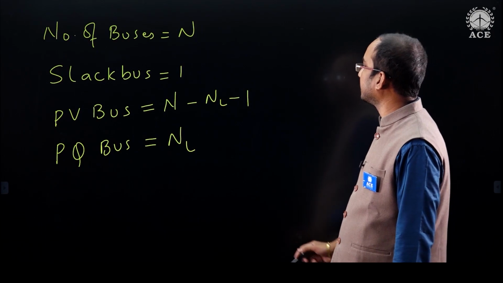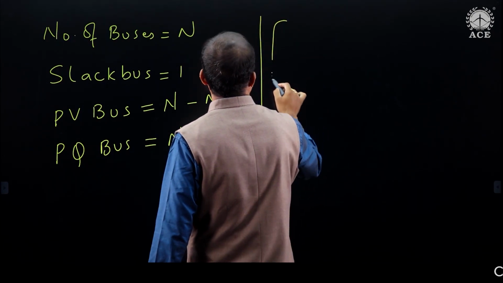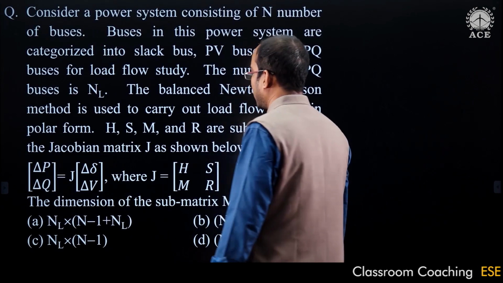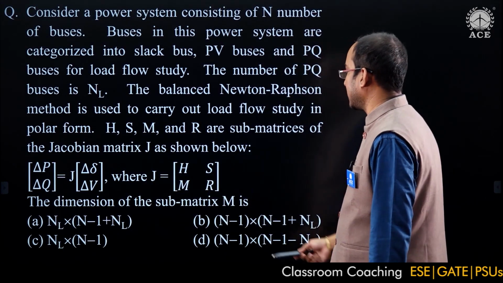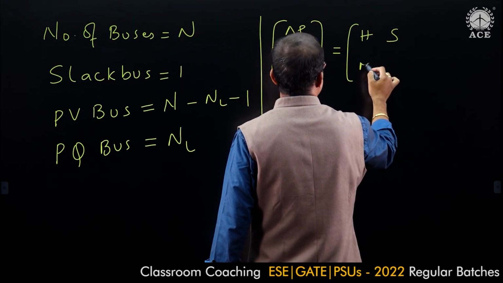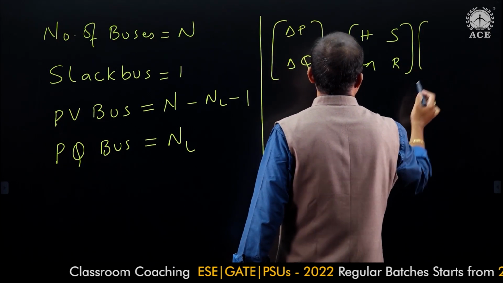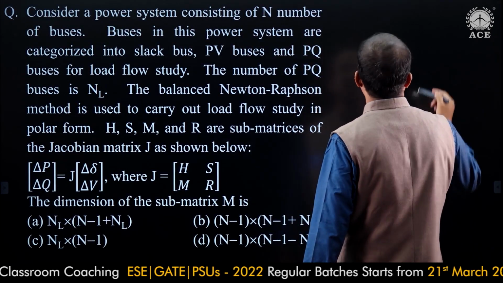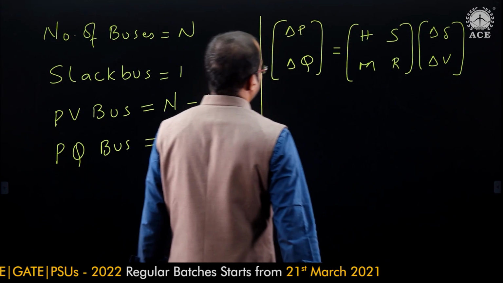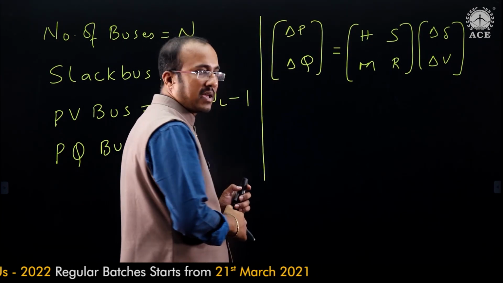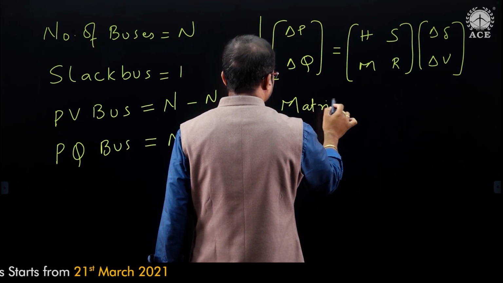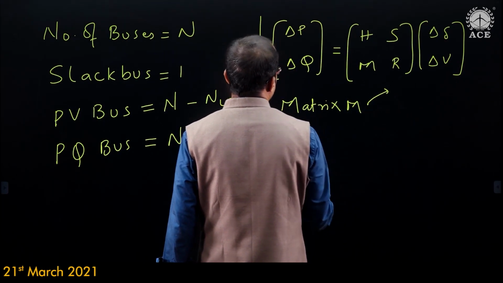So we can write here delta P, delta Q is equal to the Jacobian matrix as H, S, M, R, times delta delta and delta V. He is asking what will be the size of matrix M. So matrix M depends on what?